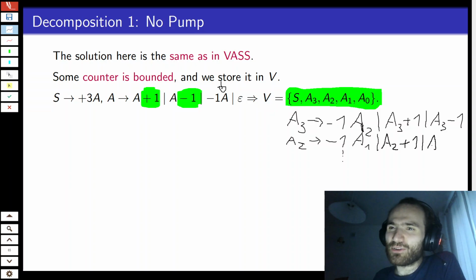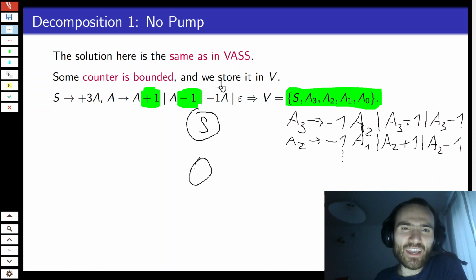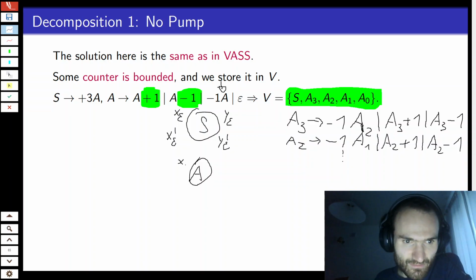So if you think about it in terms of the tree structure, you have S, you have A, and you have your x epsilon prime, y epsilon prime, y epsilon, x. Well, now it does not make sense to call it L, but let's call it L: XL, XL prime, YL prime, YL.